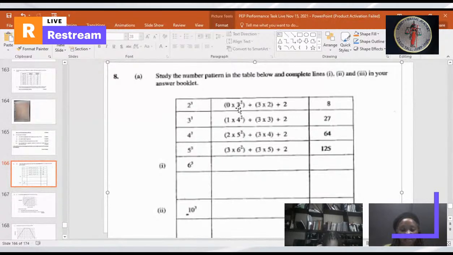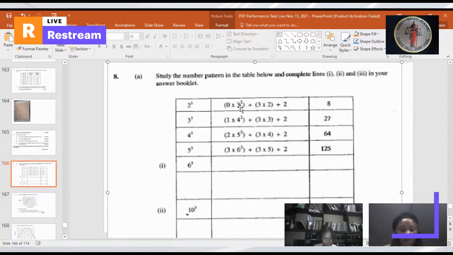The 3 is 2 plus 1. And then we use back the 2 here. We're keeping this 3 in all of them, so that's a constant. And this 2 is also a constant. So these 3 things are changing. For each of them, this number is this number minus 2.